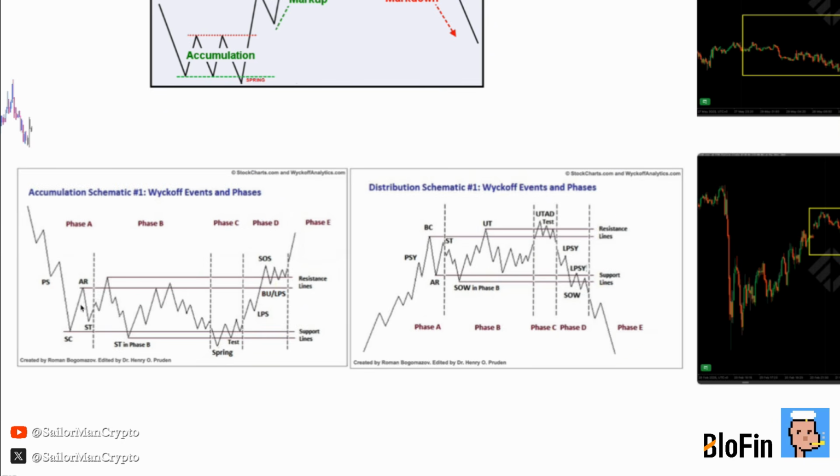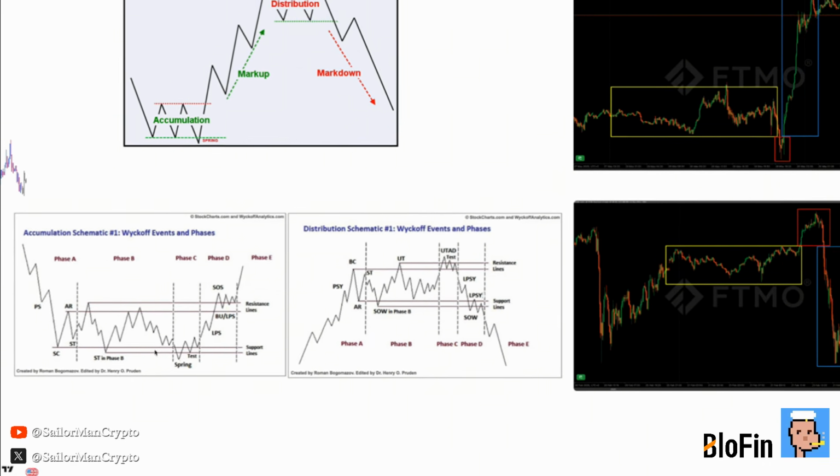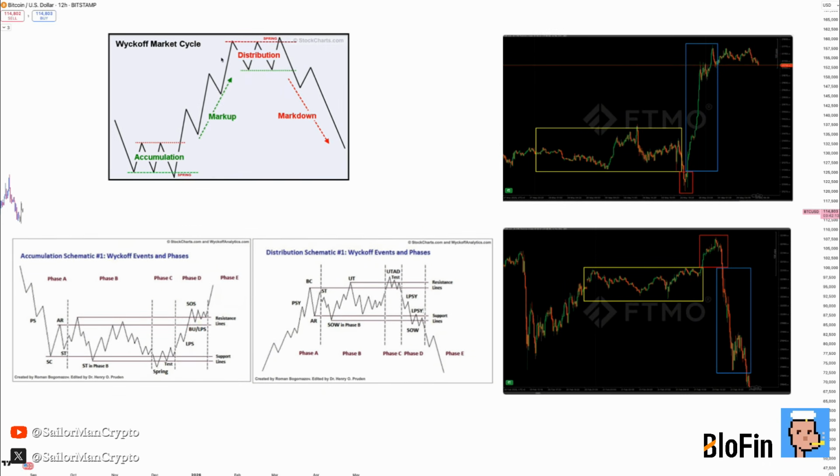There is a phase where there are certain aspects of the price action that should happen before reversing. So once this business for Wyckoff is done, then we will have the markup moving higher. Same for the distribution. There are certain aspects that should happen in the price action. This is how the distribution schematic number one for Wyckoff looks. And once this is done, we are moving lower.